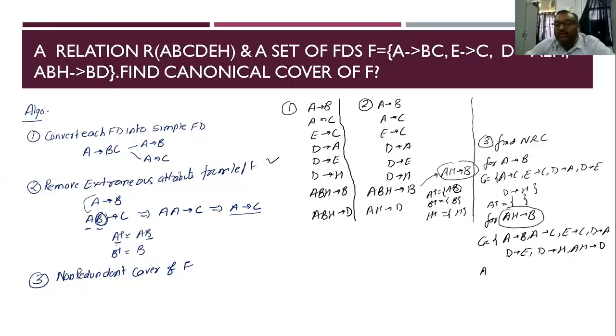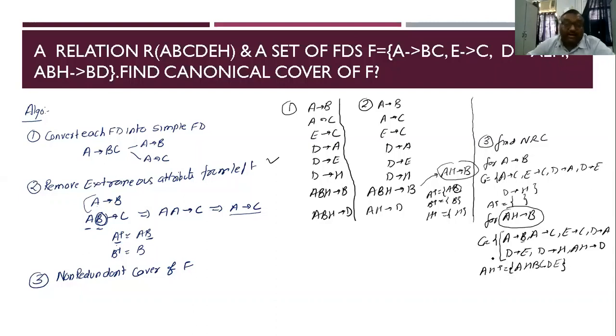So you have to find the closure of AH with the help of this set of FD. AH, okay. A is there, so C, yes. E is not there, D is not there. A, H is there, so D comes over here, and if D comes over here, D determines A, D determines E are there. All the attributes are over here.